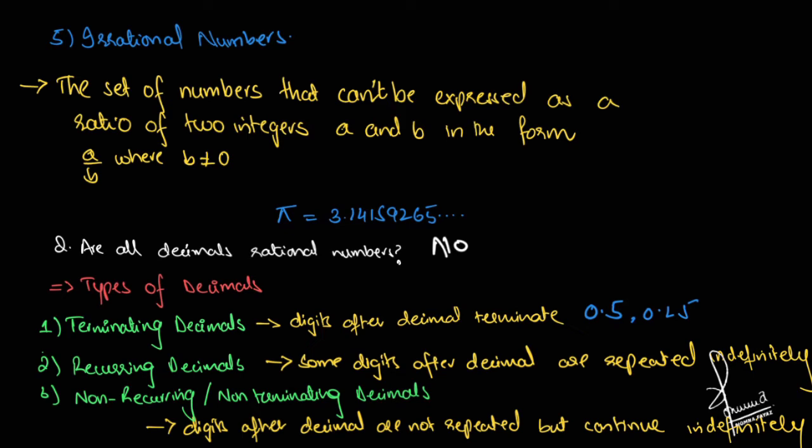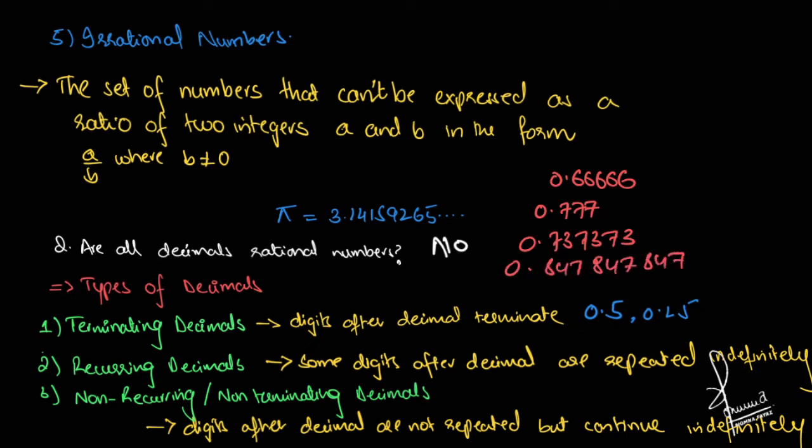ठीक है. recurring decimals की आपके पास एग्जाम्पल क्या हो सकती है? Recurring decimal can be 0.66666, it can be 0.777 or 0.737373 और इवन 0.847847. अब डिजिट्स जो रिपीट हो रहे हैं उस पर कोई कंडीशन नहीं है. आपका एक डिजिट रिपीट हो सकता है, जैसे फर्स्ट एग्जांपल्स में, आपके 2 डिजिट्स रिपीट हो सकते हैं, जैसे सेकंड एग्जांपल में, आपके 3 डिजिट्स रिपीट हो सकते हैं, जैसे थर्ड एग्जांपल में.